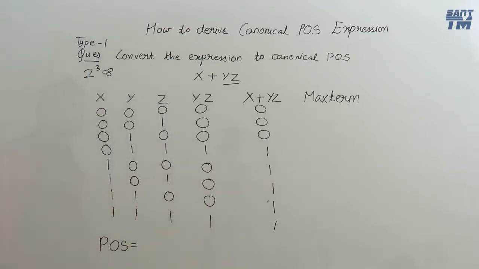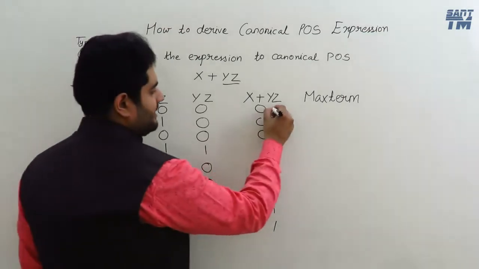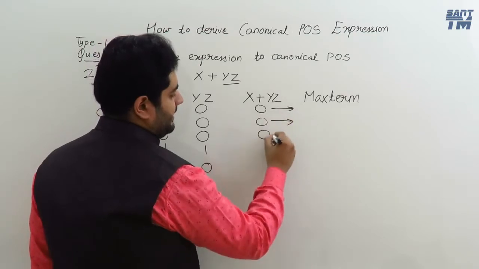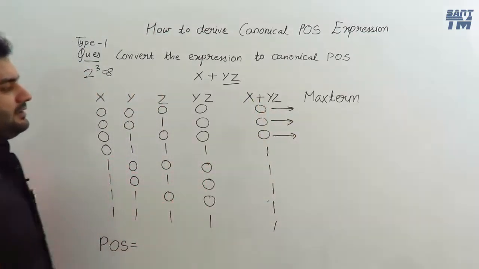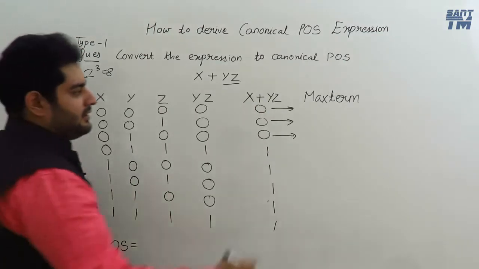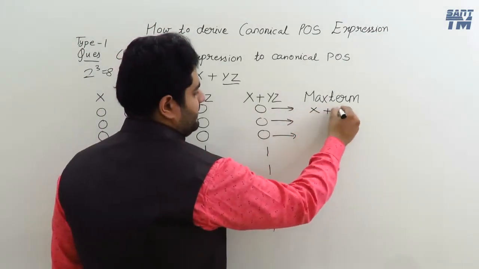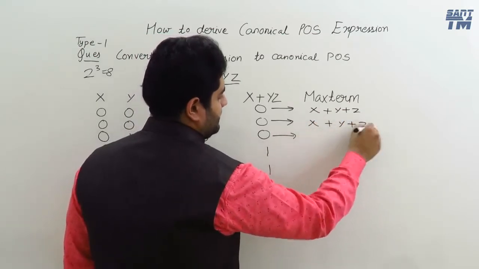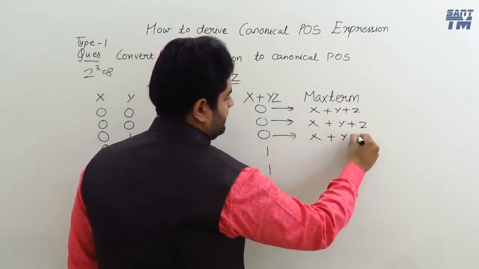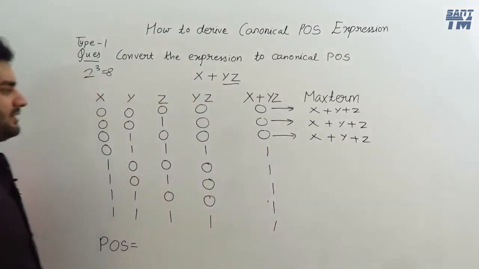So for POS we have to take those rows which have the output as 0. In SOP we took rows which have output as 1, but in POS we will take the rows which have output as 0 and write the max term as x plus y plus z, addition of literals. Now we have to put the bars.